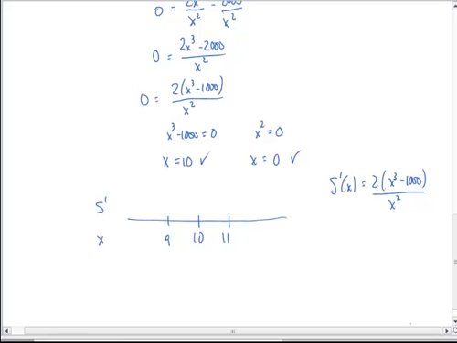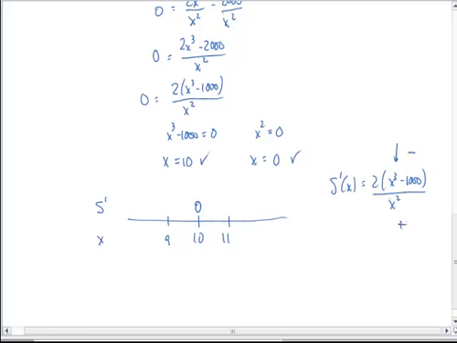Hopefully you decided to interval test it, and you put it on a number line, and remember that here's where the derivative is equal to 0. When we plug 9 in, obviously 9 cubed is less than 1,000, so in the numerator we get a negative, in the denominator we get a positive.